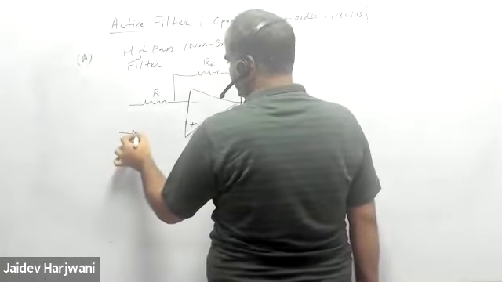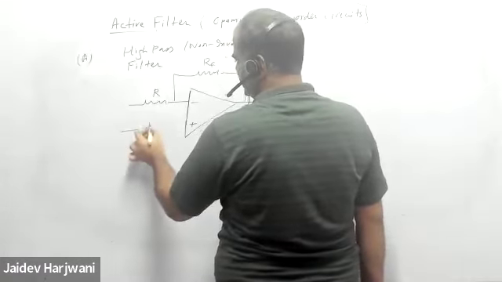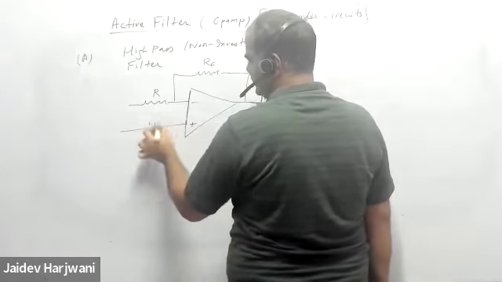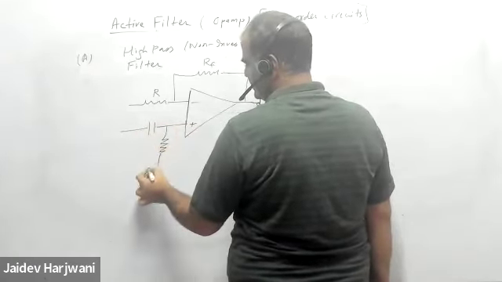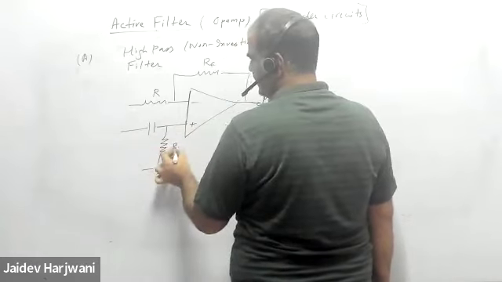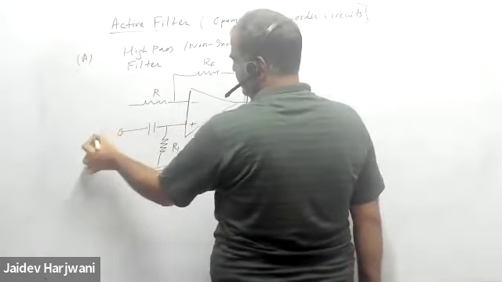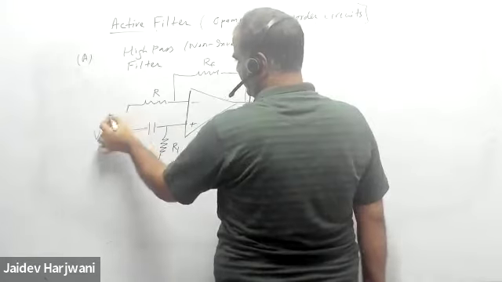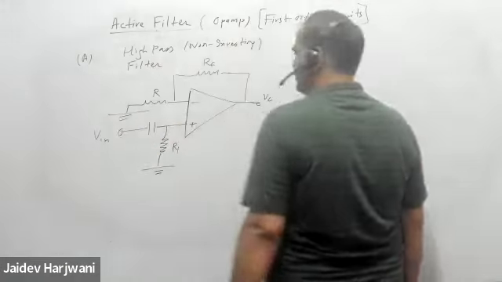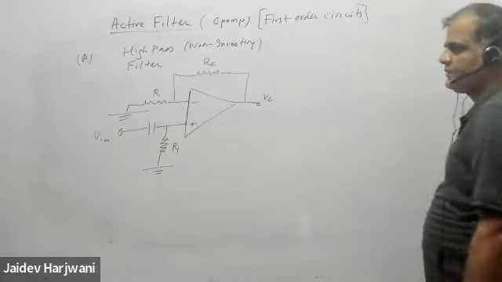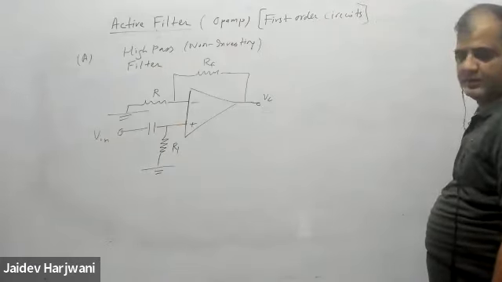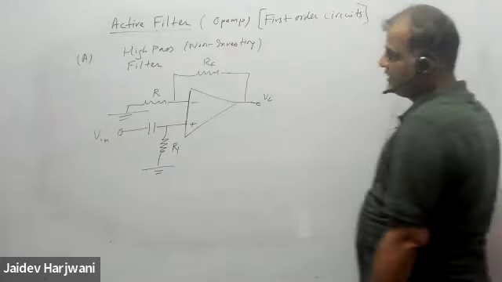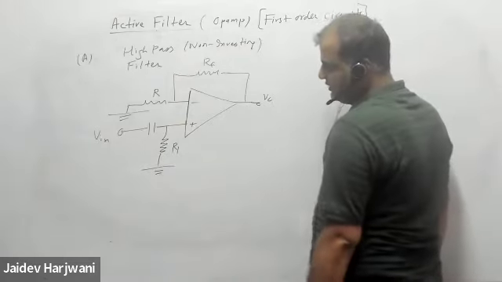Now the circuit is the same, only I will change the capacitor position and resistance position. I will write this is my R1 and here I will apply V input. And this is now an example of a high pass filter.